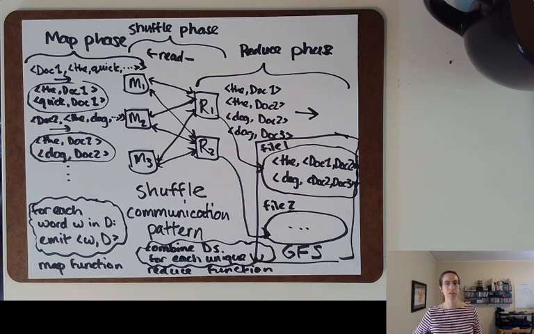And by the way, everything on GFS gets replicated. So you actually use up twice as much output storage as the output that your computation produces if your replication factor is 2. So it's a lot of storage space. So that's MapReduce. MapReduce has a popular open source clone, by the way. Does anybody know what it's called?